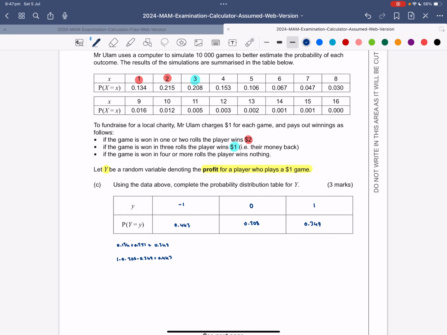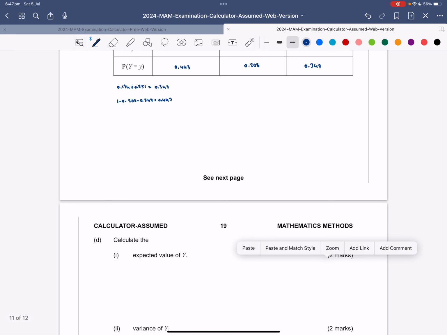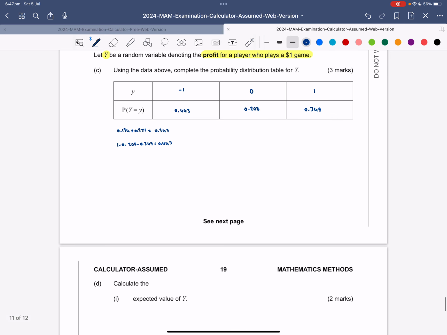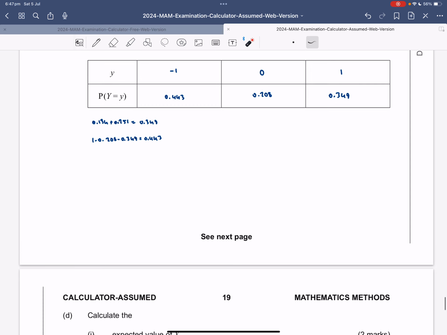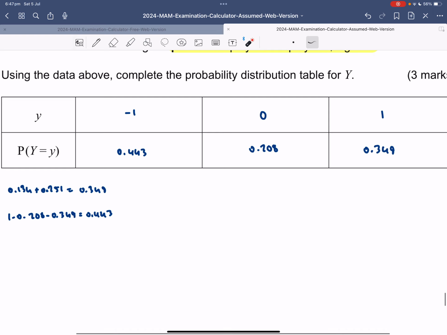Okay, cool. Now calculate the expected value of Y, and the variance. It's worth 2 marks each. Honestly, I'd put that straight into my ClassPad. If you don't want to, you could do it manually, but there is no reason to. The expected value of Y is the sum of all the Y's times the corresponding probabilities.